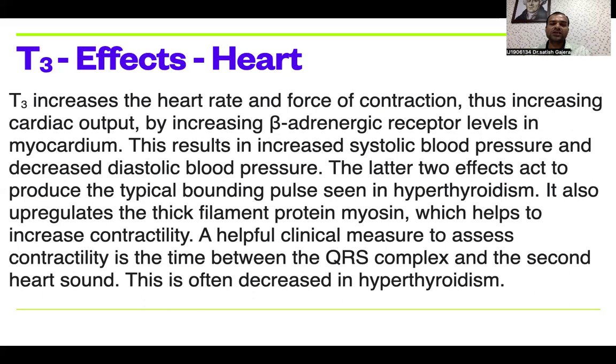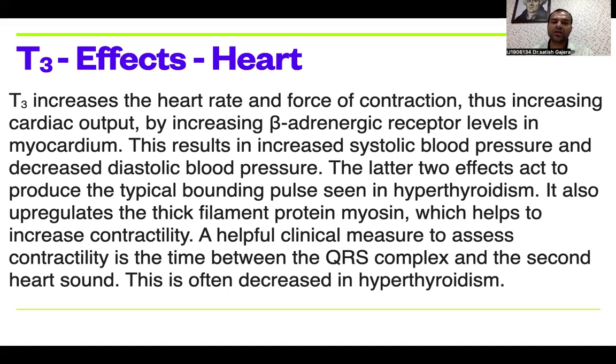So the force of contraction is increased by T3 because T3 is needed in stress effect, thus increasing cardiac output by increasing beta adrenergic receptor levels in the myocardium. How does it affect the myocardium? By increasing the beta adrenergic receptor levels in the myocardium.